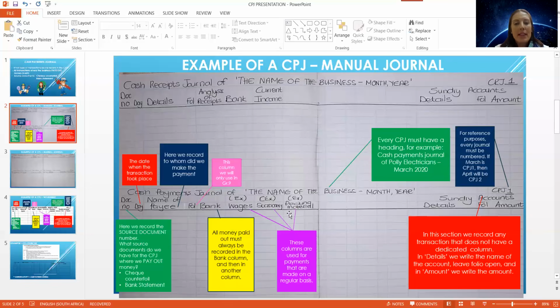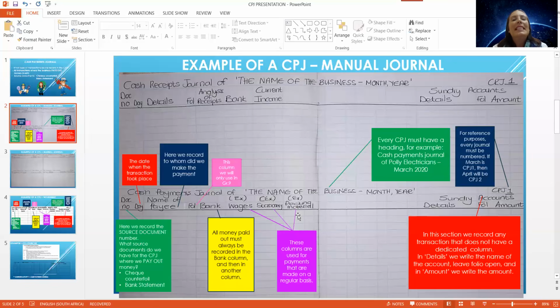Then after that, I've put in brackets EX, meaning example. So after that, normally as a business owner, you will decide what type of payments you make on a regular basis, so things that I often buy or things that I often pay. And for those types of transactions, we normally allocate columns in the CPJ, because what is our aim of the journal?